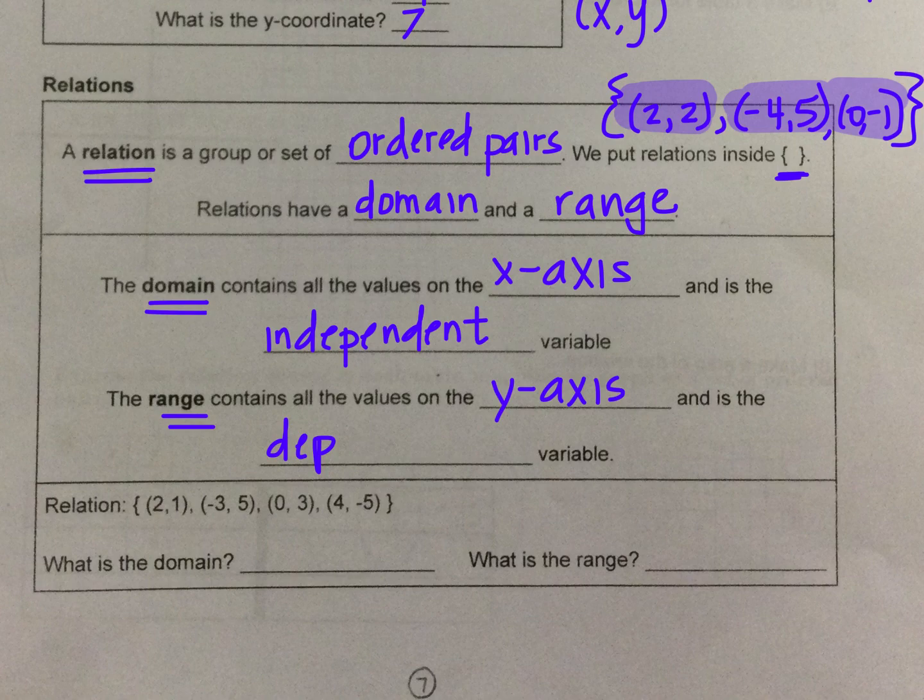So I have this relation right here, and I want to know what is the domain. Well, remember the domain are the x values. So anything on the x-axis is my domain.